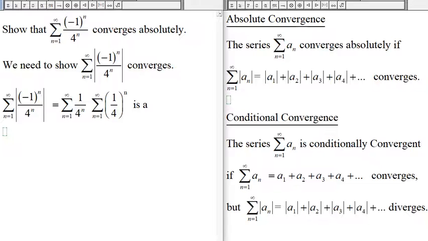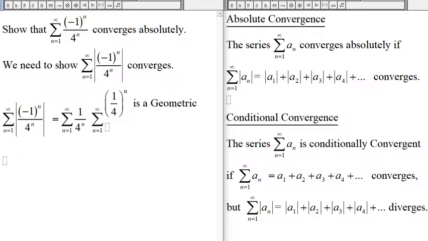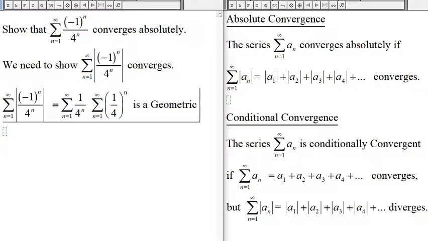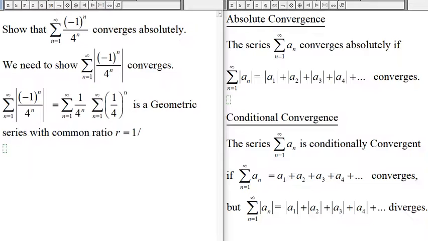And this is a geometric series with common ratio r equal to 1/4.